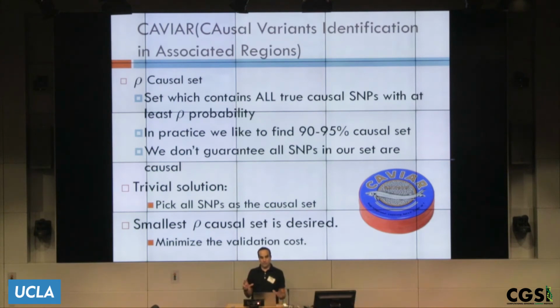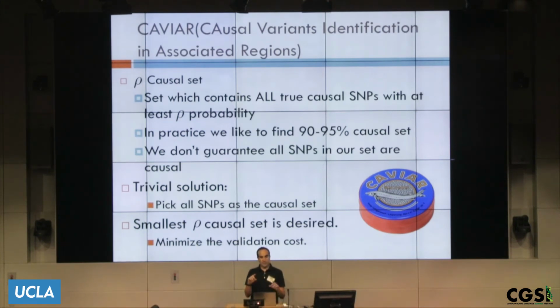We call this the rho causal set, and it's the set which contains all the causal SNPs with at least probability rho. In practice, we want this to be like 95%. We don't guarantee that all the SNPs in our set are causal, meaning that we can pick things that are not causal, but not the opposite.